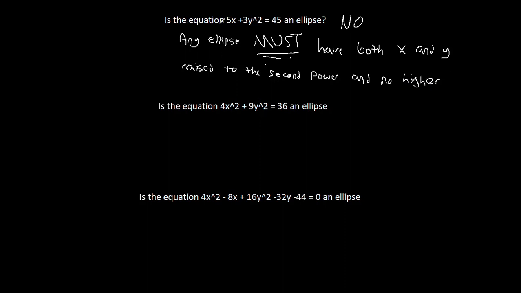So if you see an equation that has an x and a y, and one of them does not have a second power, it's not an ellipse.